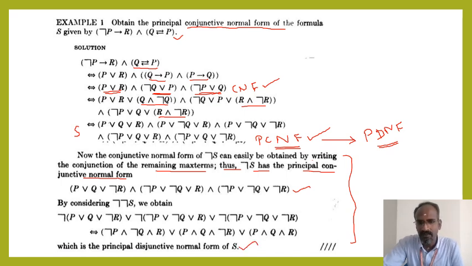Vice versa, we find the PCNF from the PDNF in the same manner, by eliminating the min terms from the eight possibilities, converting into the remaining max terms, and consolidating, we get the principal conjunctive normal form.